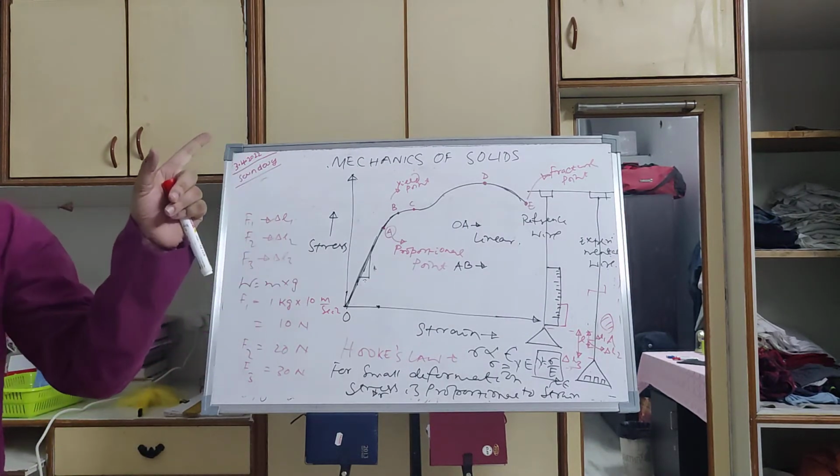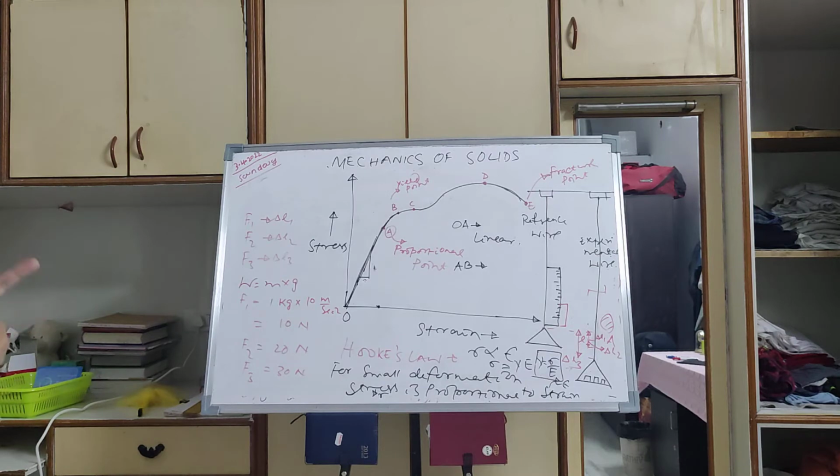If it is linear, they are proportional; if it is not linear, they are not proportional. It may be second power, third power, or whatever. Nevertheless, the body still returns to its original position when the load is removed. It still regains its shape, but not linearly.